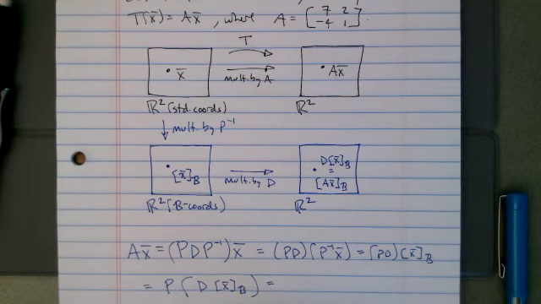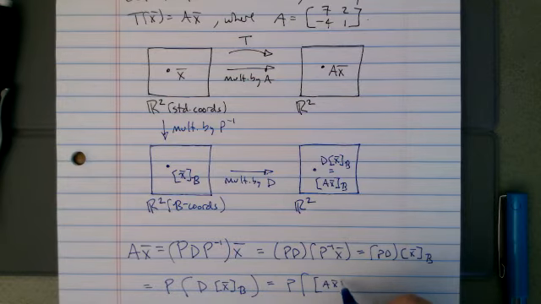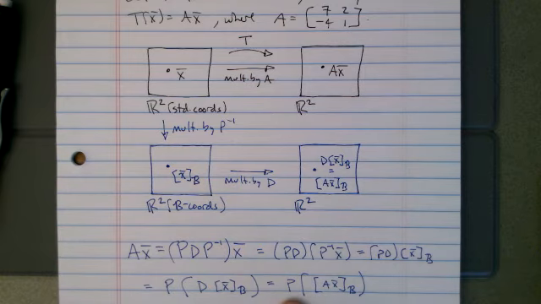So D times the B coordinates of X will get us the B coordinates of AX. And then we're going to multiply by the matrix P, and the matrix P turns B coordinates into standard coordinates.